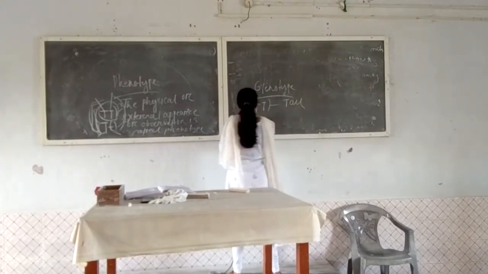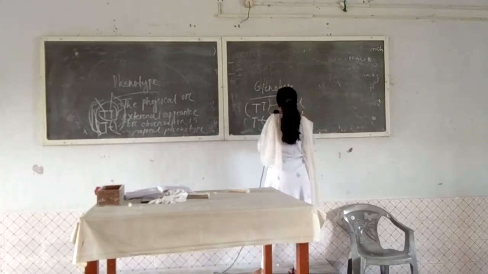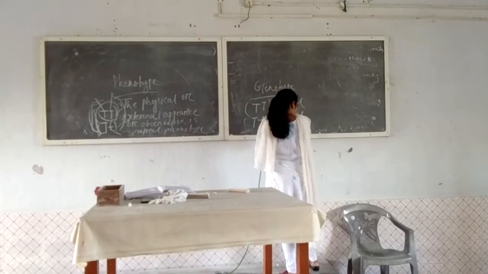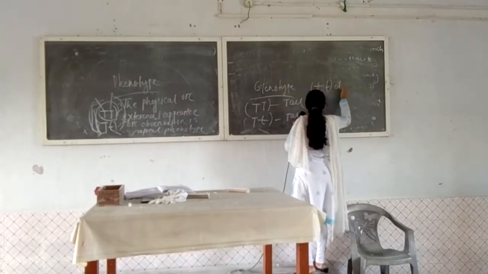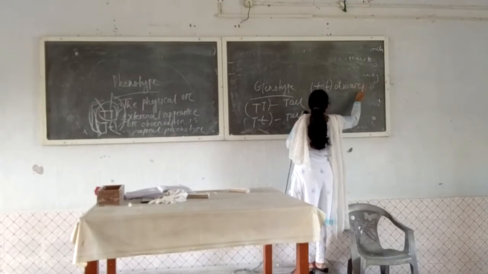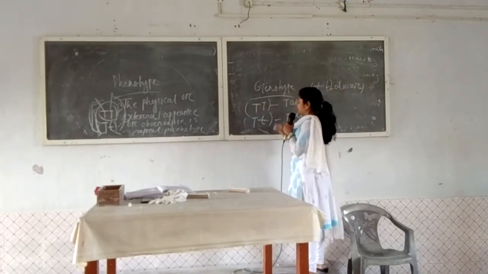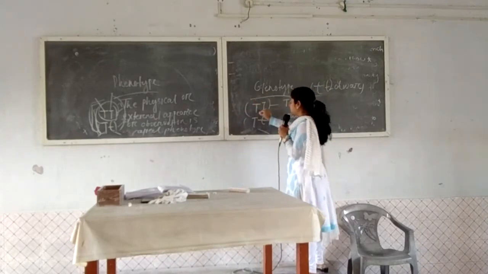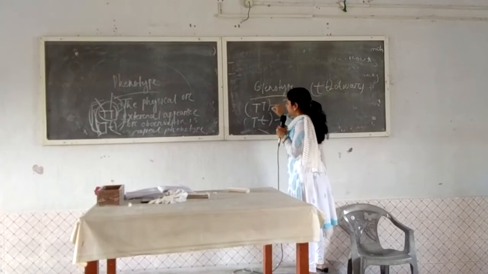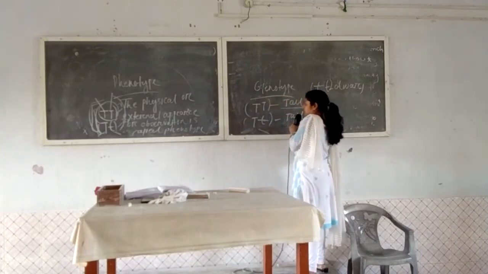Tall, also tall, and this plant is dwarf. Here this plant is tall. If both tall genes or tall alleles are present, then the plant is phenotypically tall.